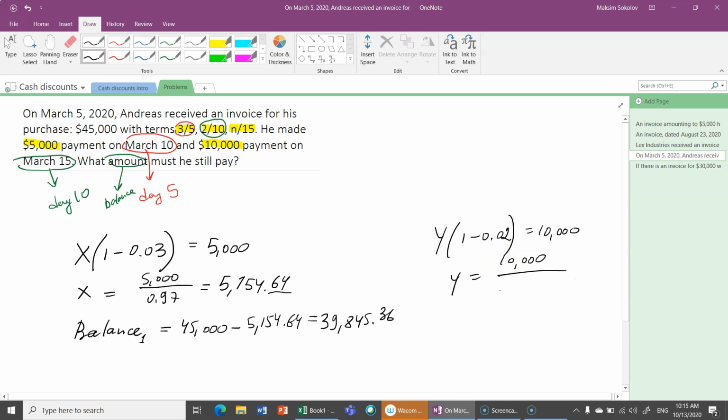So Y is $10,000 divided by 0.98, and it is 10,204.08.